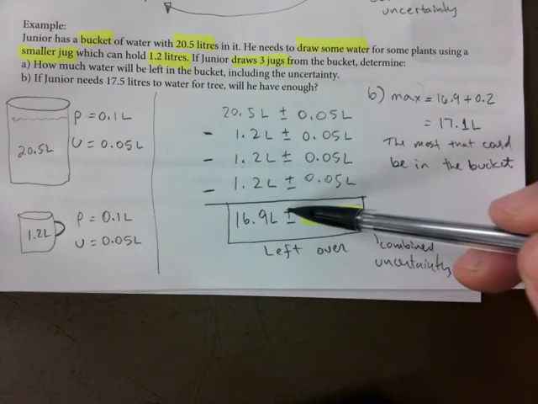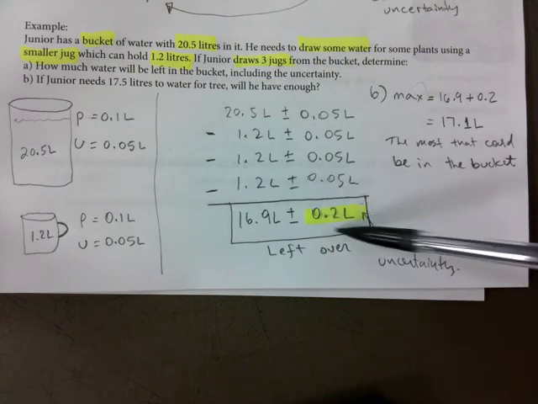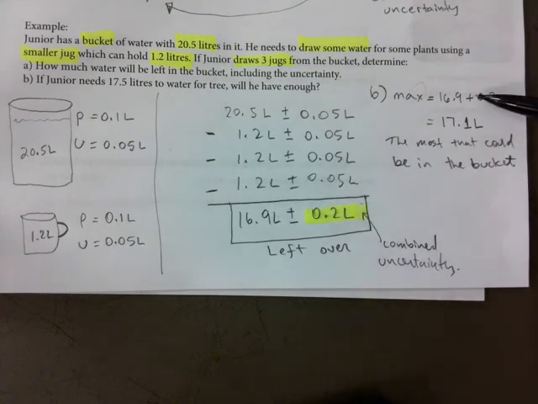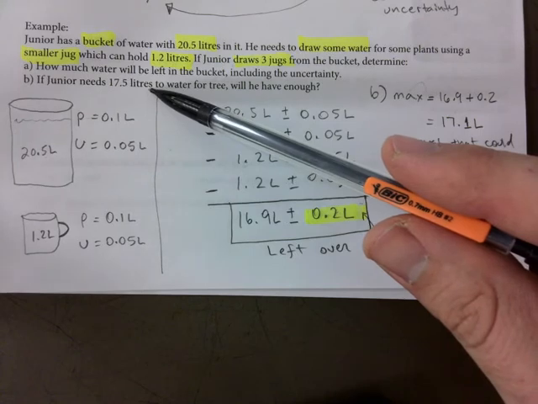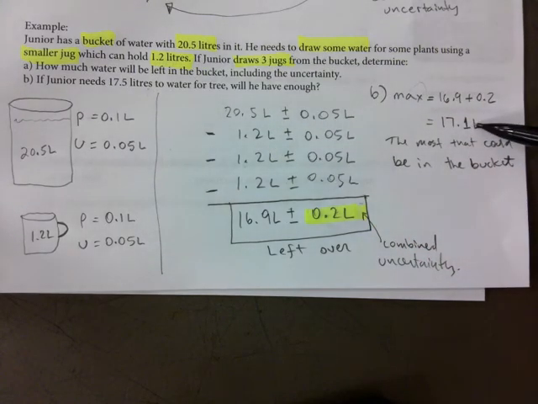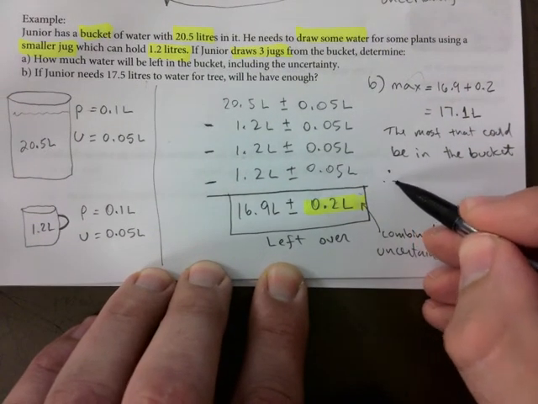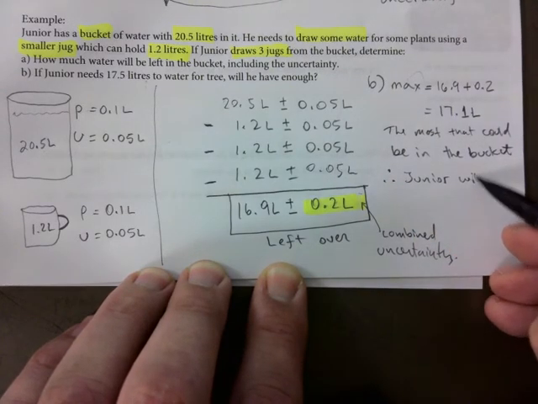Like you're saying, we could have more or less this much in there on top of the 16.9. So I went 16.9 plus 0.2, and that's that. So will Junior have enough water for that 17.5 liters? Nope, there's not enough, even if you went with the maximum that could possibly be in there. Therefore, Junior will not have enough water.